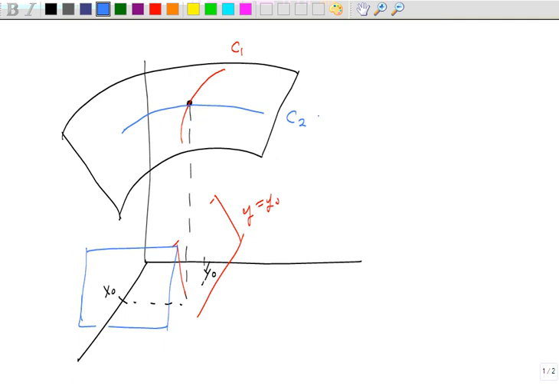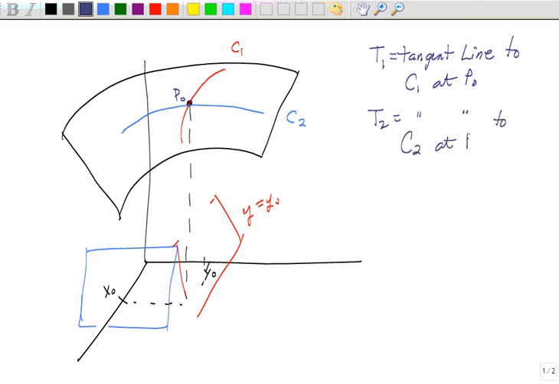Now let me define a few more things. Let's take dark blue. T1 is going to be the tangent line to C1 at the point P0, which is right here. And T2 is the tangent line to C2 at the point P0.